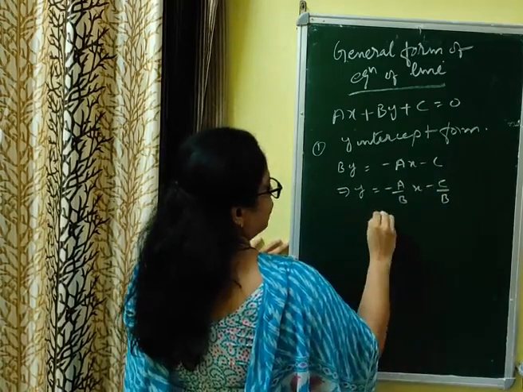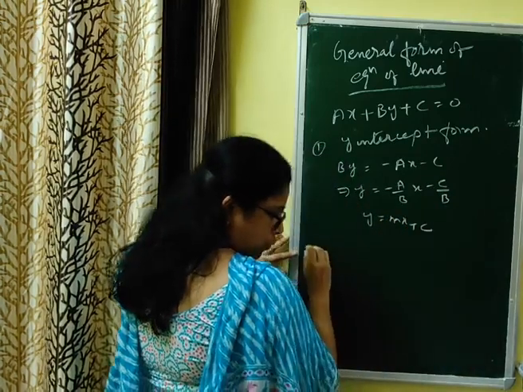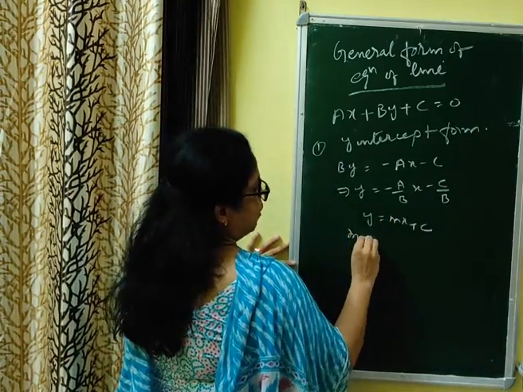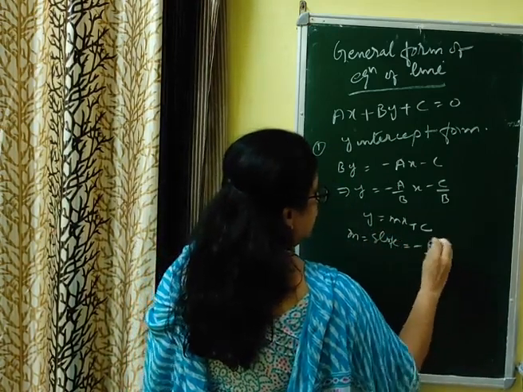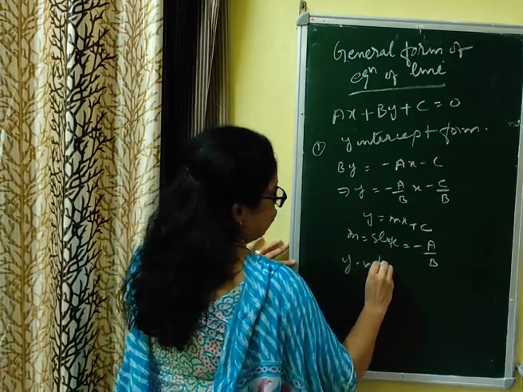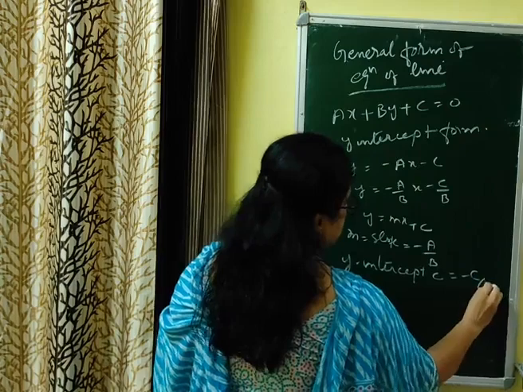This is of the form y is equal to mx plus c. Therefore, m, the slope, is equal to minus a by b, and y-intercept c is equal to minus c by b. This is the first form.